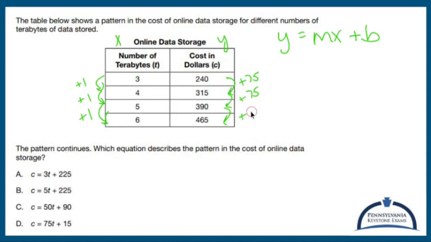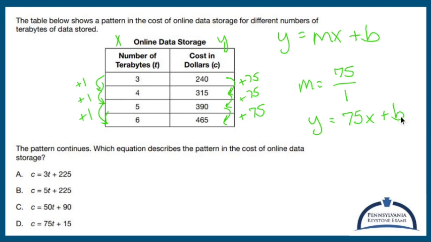So that gives me a slope. My slope is the change in y over the change in x, which is 75 over 1. So what I have so far is y equals 75 over 1, which is just 75, x plus b.